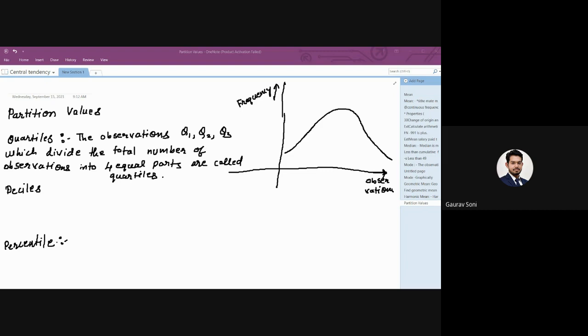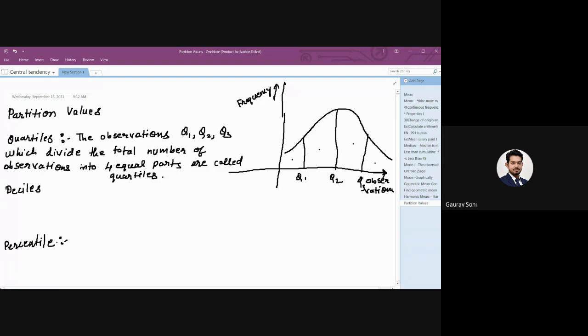If you make 3 vertical lines in this, the total area will be divided into 4 parts. This is the first line, the second line, and the third line. So if you draw 3 lines, your area is divided into 4 parts: first, second, third, and fourth.